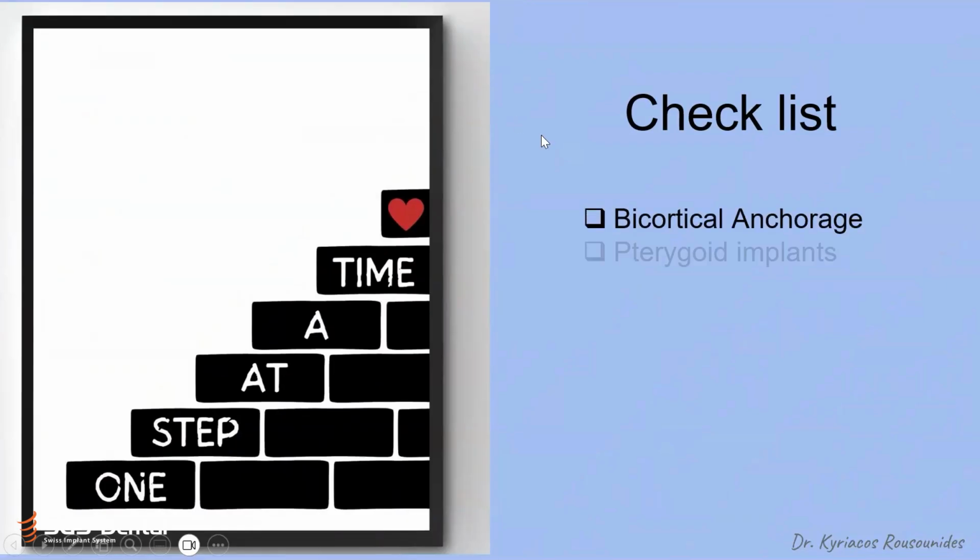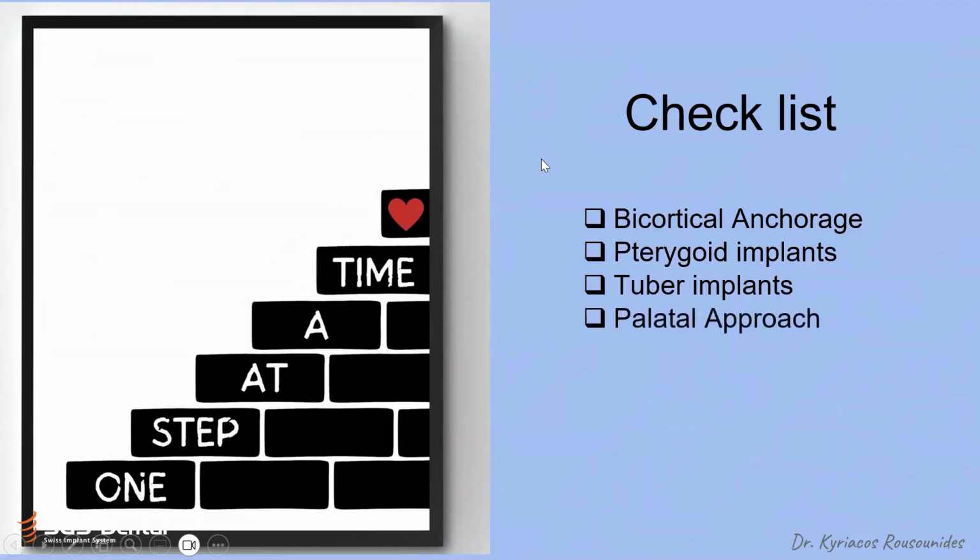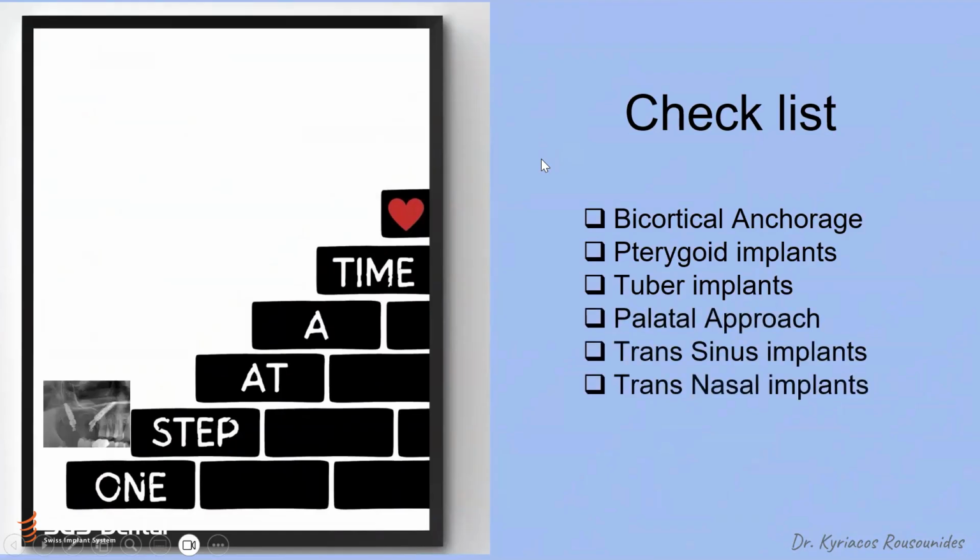Step by step, one step at a time. Colleagues who are starting now with full arch can start, for example, with an angulated implant, a light pterygoid, or a tuber implant.